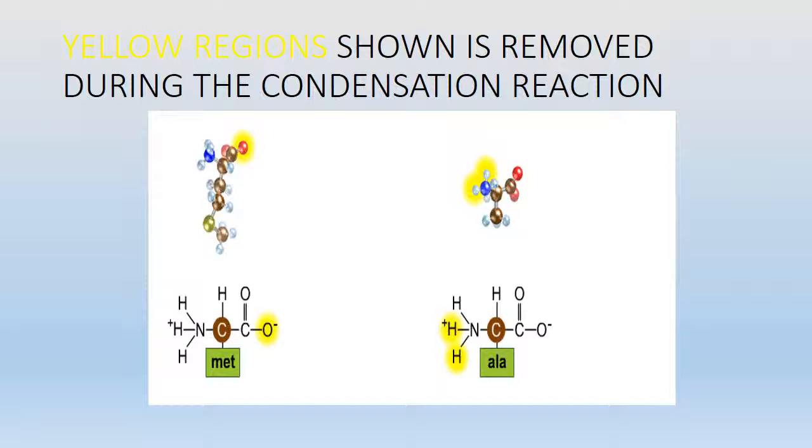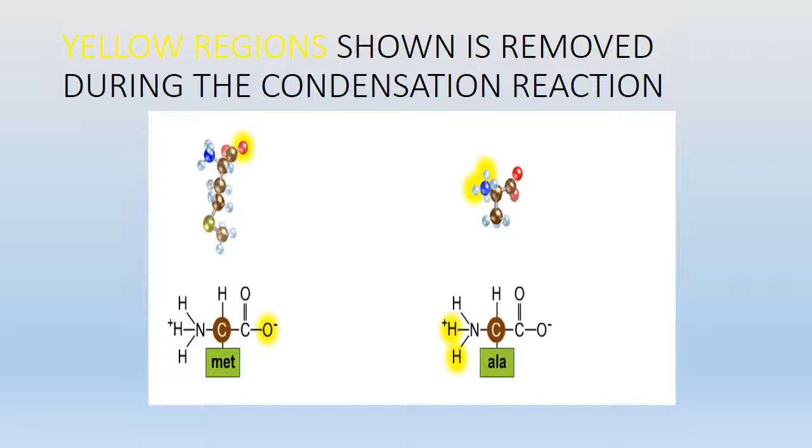Now from the two amino acids that we are using for forming a peptide bond in the condensation reaction, it's essential for us to know which atoms will be involved in the formation of the peptide bond. Here I have highlighted in yellow the atoms responsible for the formation of the peptide bond.